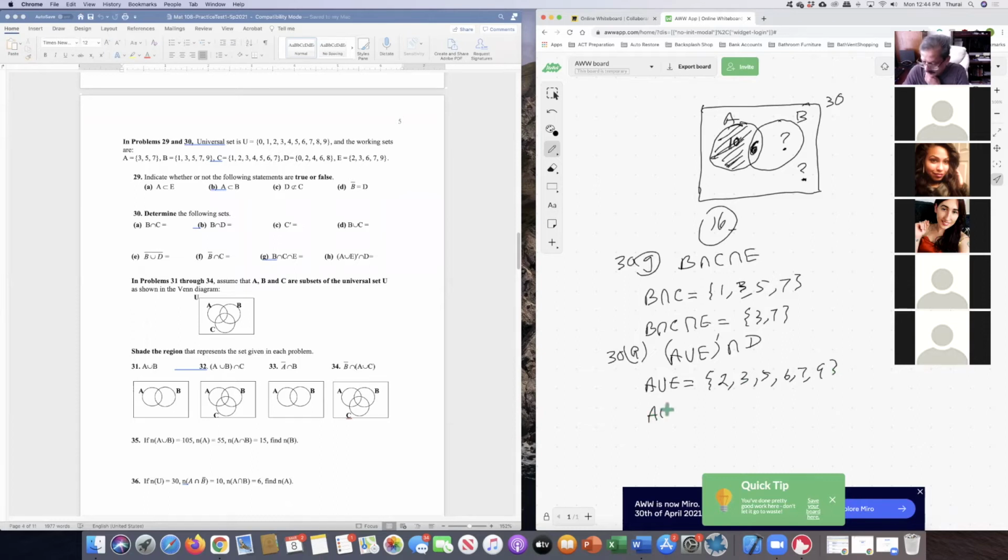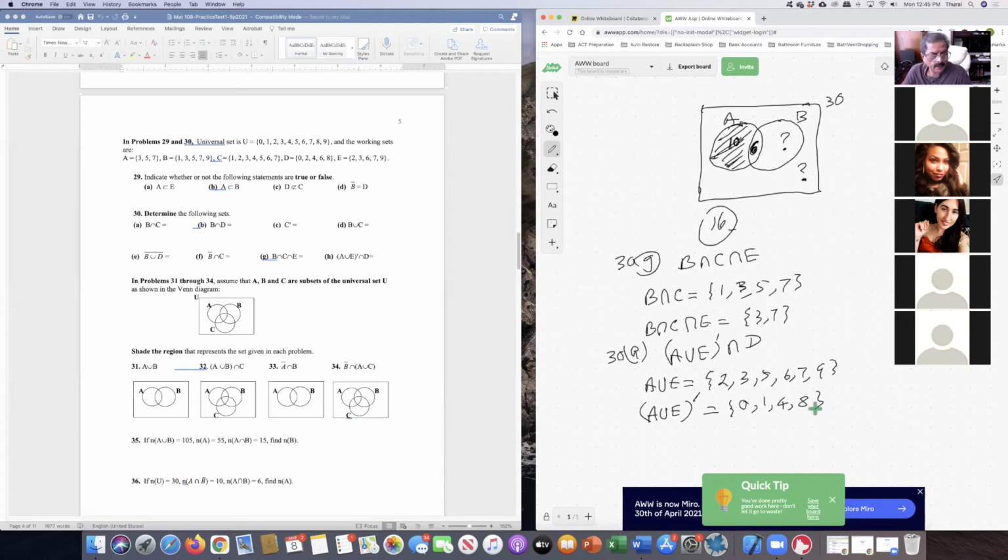Now, the next thing is A union E prime, the complement. That would be all the elements of the universal set that are not in here. That will be 0, 1, 4, 8.